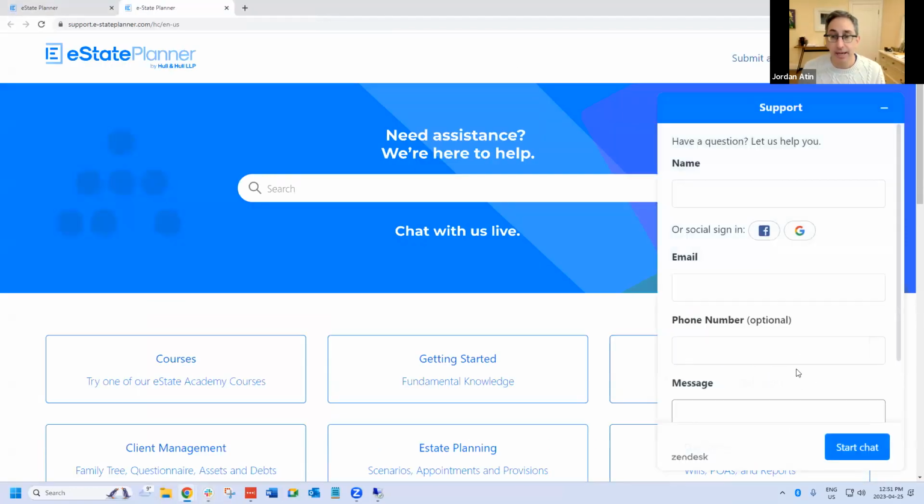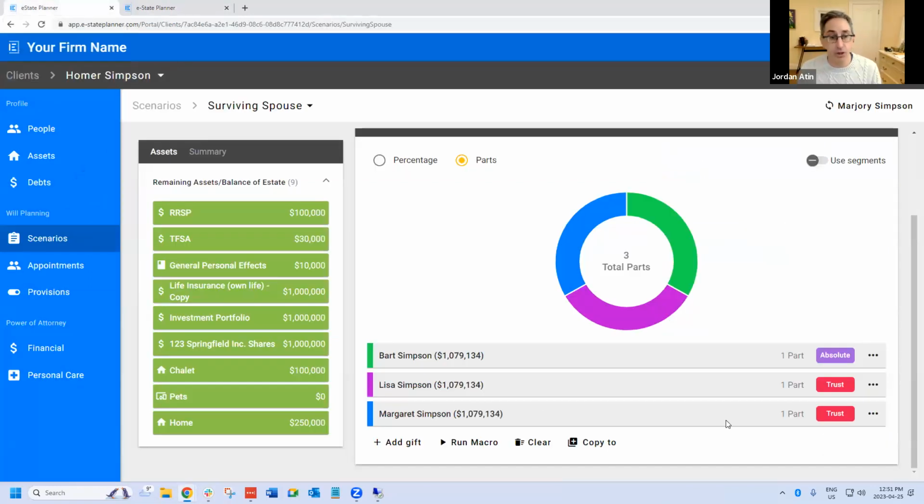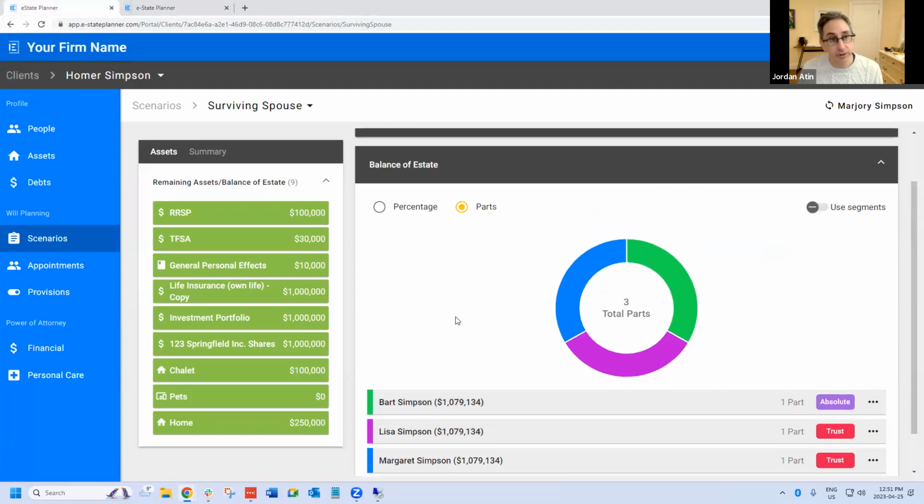And if it's a question that needs my help, I'm around, so I'll get right on a Zoom with you or answer the question through Michaela or whatever. If you're not sure what you would want, they have different impacts if you're using a group of beneficiaries within one segment versus each getting a percentage. The gift overs, if one predeceases, are different.